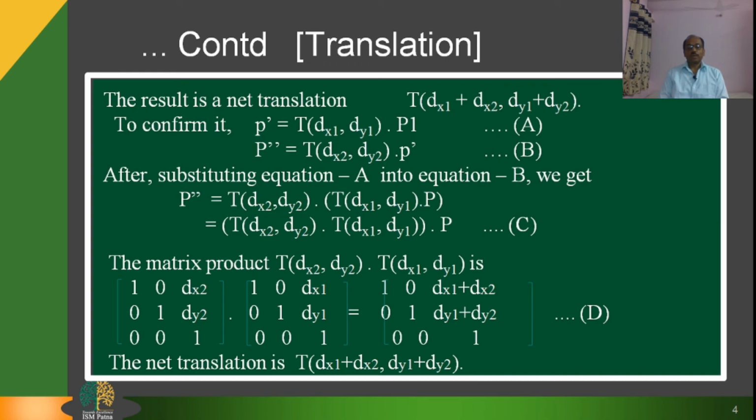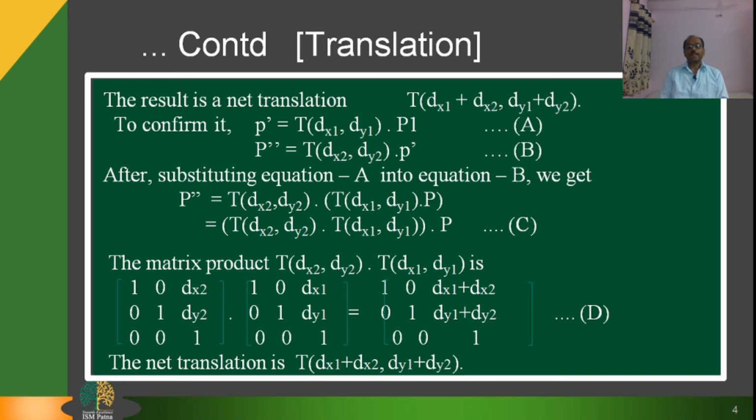So in terms of matrix product, this may be presented as you are seeing, there are two matrices. One is representing T(dx2, dy2) and another is T(dx1, dy1), and after multiplication you are getting the result on the screen.